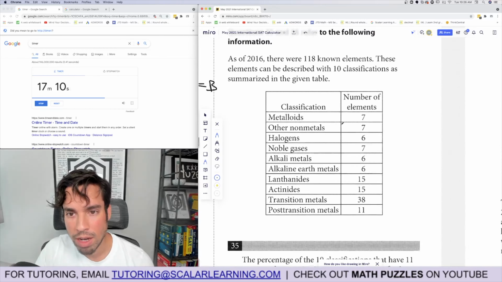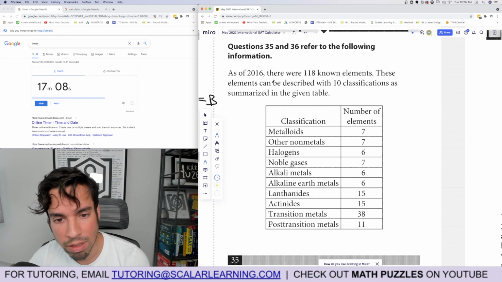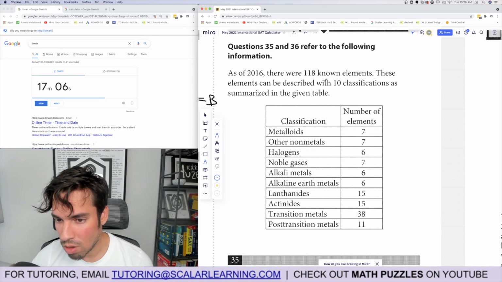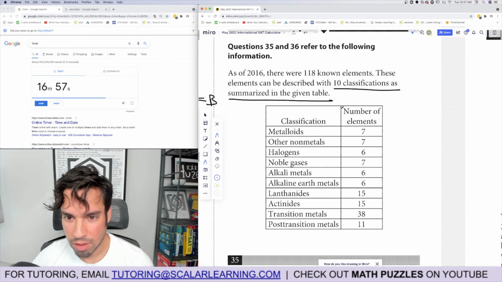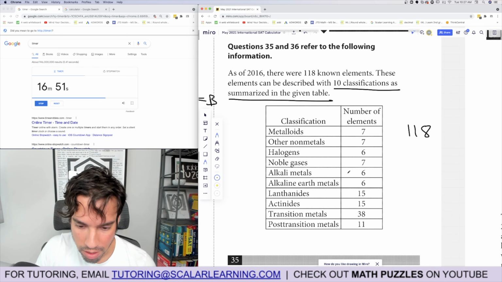All right, now 35, we should start seeing a spike in difficulty. As of 2016, there were 118 known elements. These elements can be described with 10 classifications as summarized in the given table. Okay, so this apparently should all add up to 118. Metalloids, nonmetals, halogens, whatever.